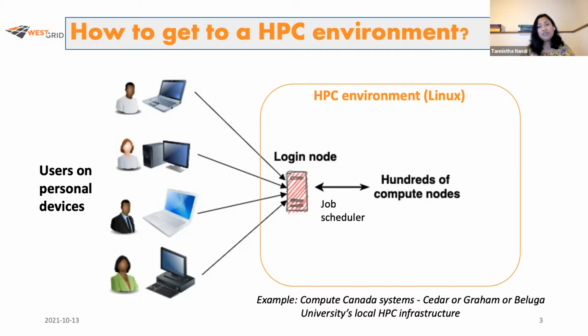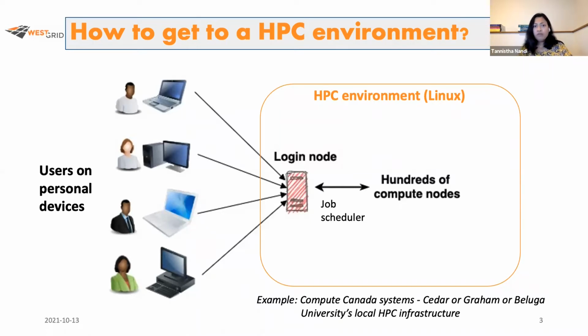So typically, you are working at your desktop or laptop, and you will be logging into a head node or a login node, which is essentially the landing point into the HPC cluster. And from this login node, you will be submitting jobs to the compute nodes via job scheduler. And all the computing gets done by the compute node.